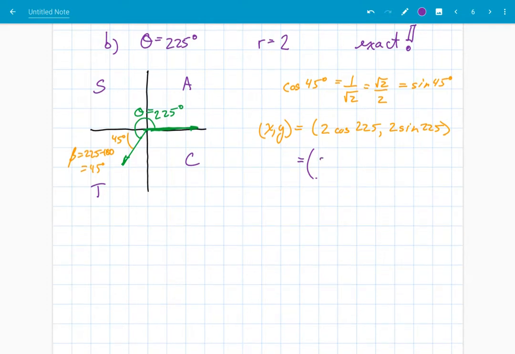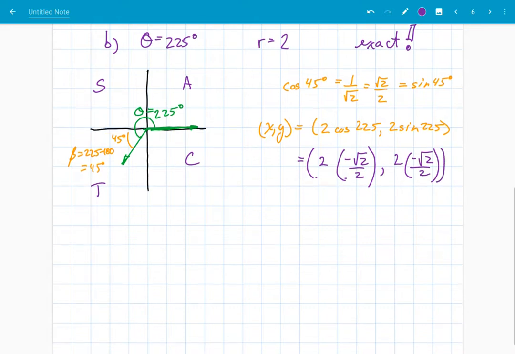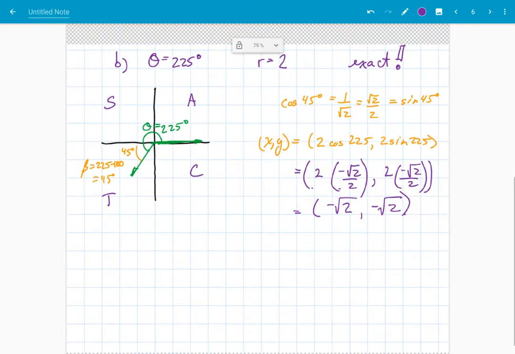So it's 2 times the cosine of 225, so negative root 2 over 2. And 2 times the sine of 225, which is also negative root 2 over 2. So what do you get? Negative root 2, negative root 2 for the y value. And that's it.